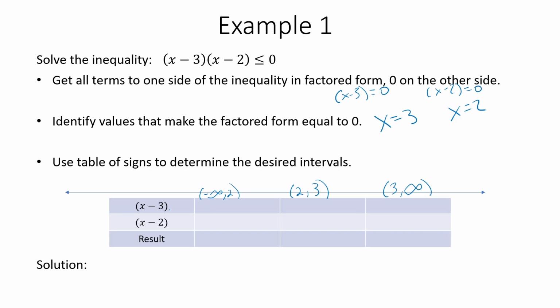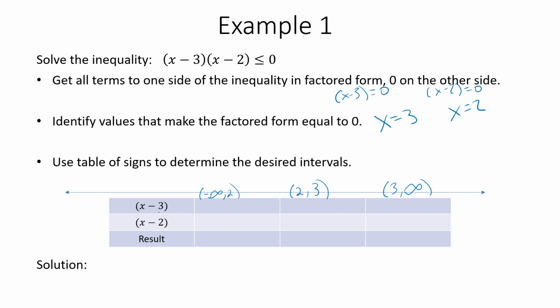What we're going to do is look at each of the terms in these intervals. If I picked any number between negative infinity and 2 and plugged it into x minus 3, do I wind up with a positive or a negative? Any of the numbers in this interval work.